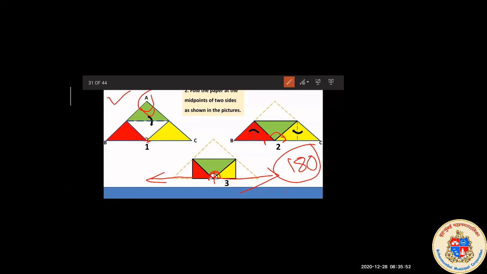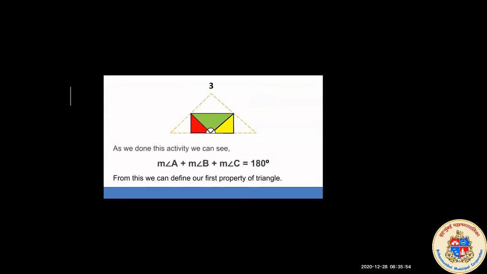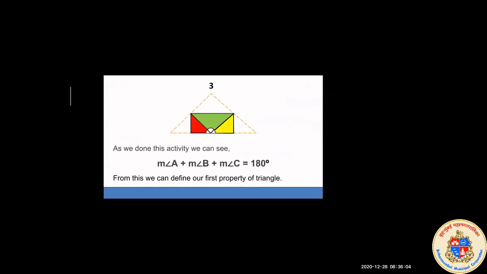As we did this activity, we can say the measure of angle A, measure of angle B, measure of angle C is giving me 180 degrees.